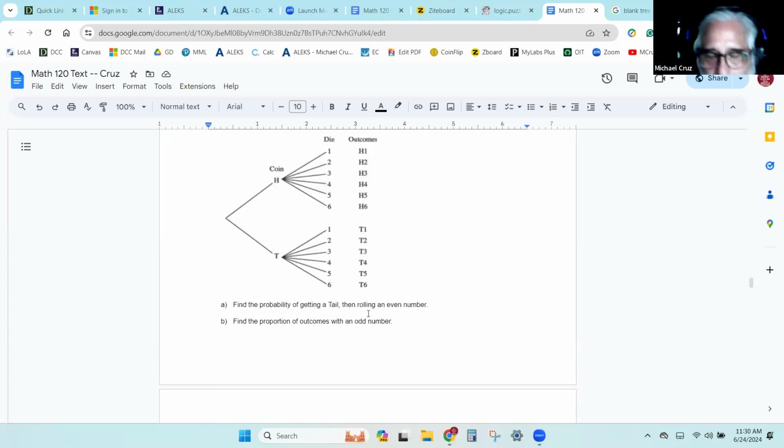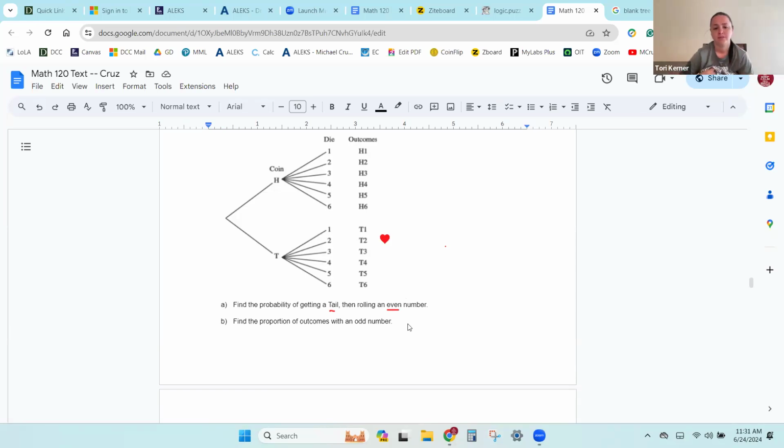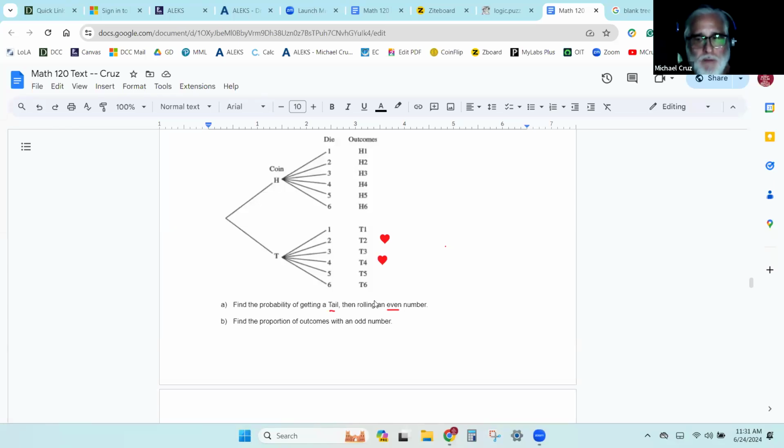Y'all help me. Find the probability of getting a tail, then an even number. Tail, and then even. Would it be 3 out of 12? So T2, right? T4 is tail and even, and T6.